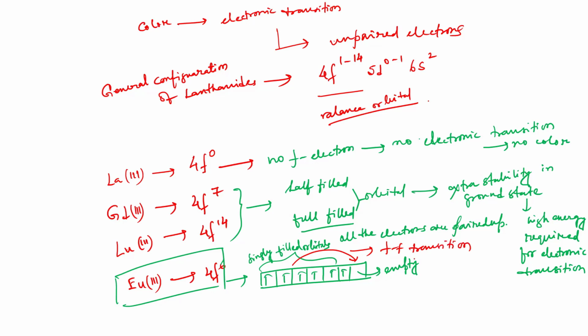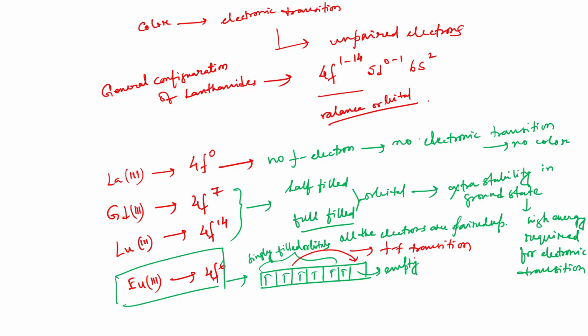Thus, because of this f-f transition from the singly occupied orbital to the empty f orbital, you can see that if one electron is transferred from any of these singly occupied orbitals to the empty orbital, the configuration will remain the same. It will be again 6 half-filled orbitals and 1 empty orbital. Thus, no extra energy is required due to a change in configuration.